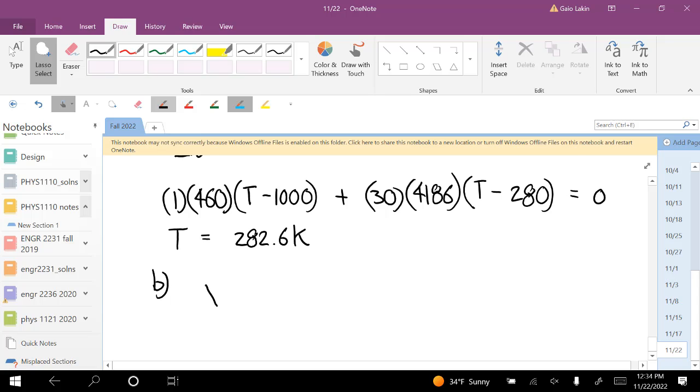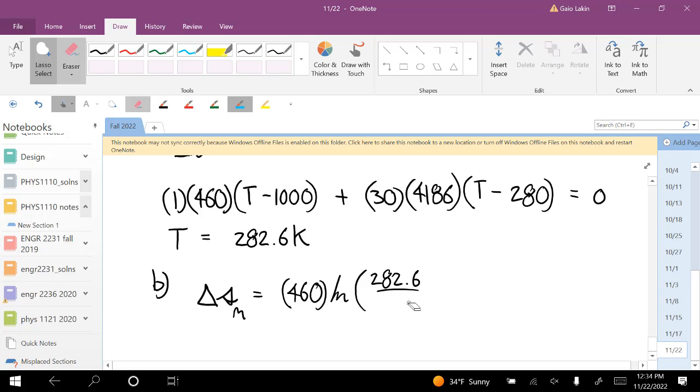So the change in, I guess let's do specific entropy first of the metal, is 460, the specific heat, times the natural log of the final temperature divided by the initial temperature. Sorry, this is the metal. So the final temperature divided by the initial temperature, which is 1,000.